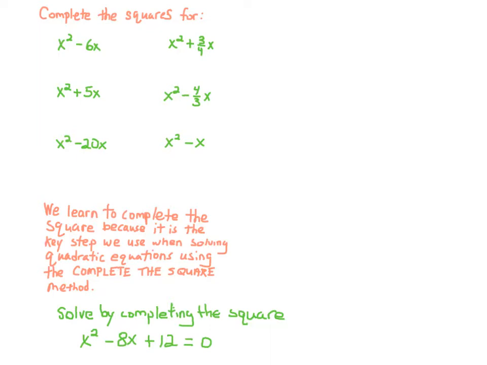So looking at this one, x squared minus 6x, to complete the square I'm going to take 1/2 times -6, and I'm going to want to square all that.